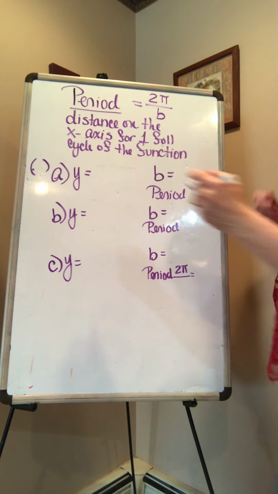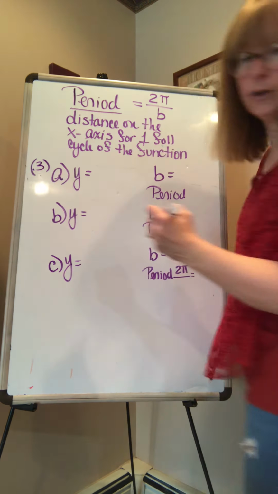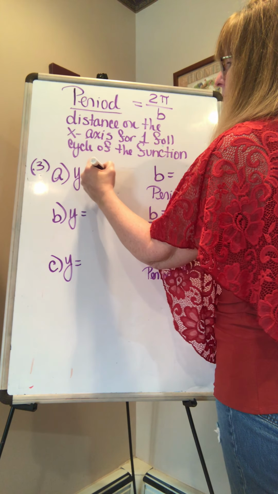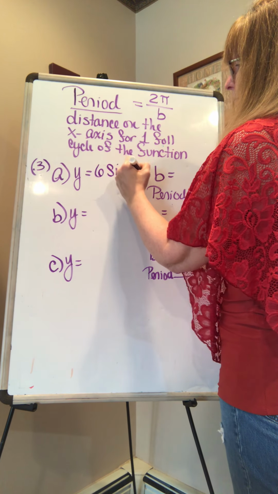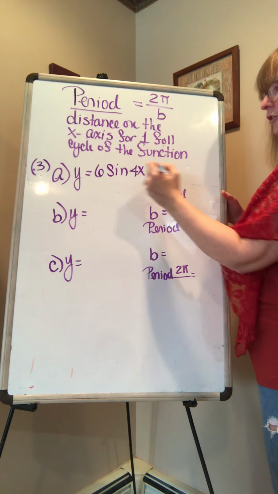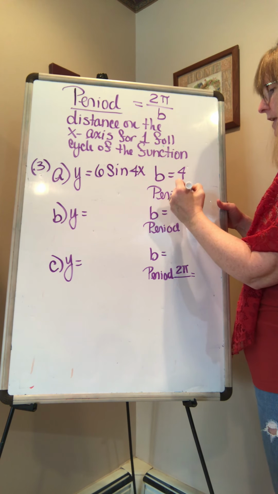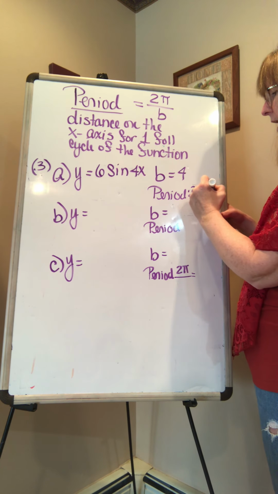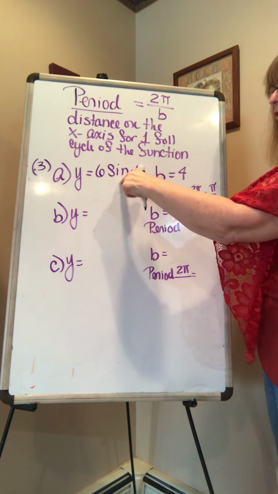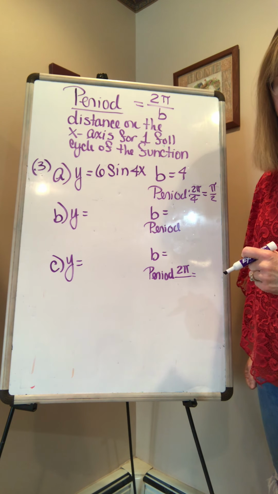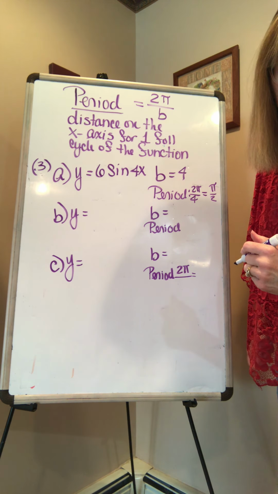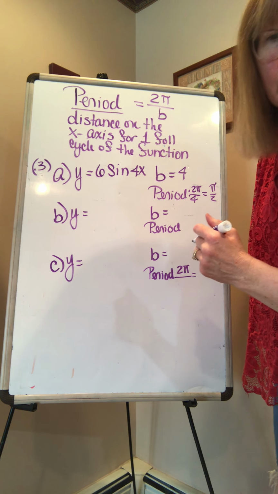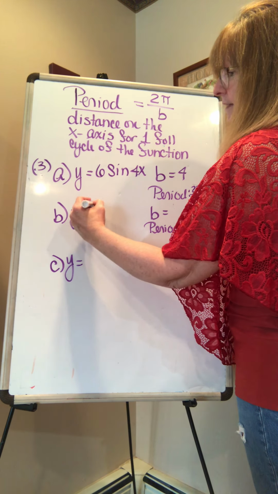So exercise 3 has y is equal to 6 sine of 4x. My frequency is 4, and my period now is 2 pi divided by 4, so this gives me pi halves. By 90 degrees, I'm going to see a full sine curve. B is 8 cosine of pi over 3x.